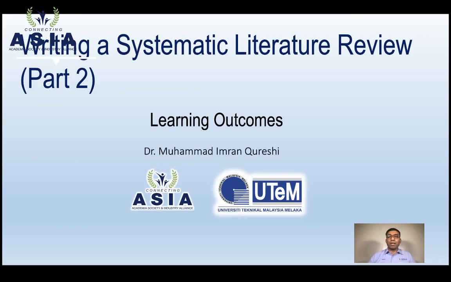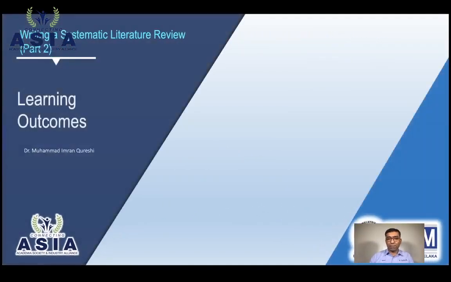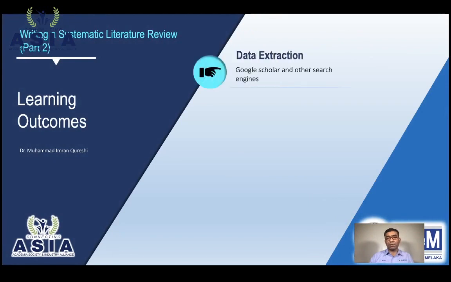So learning outcomes for today's session are very simple. We have 5 basic learning outcomes. The first one is data extraction. After our last workshop, most of the participants asked me how we can collect data from Google Scholar and export it to an Excel sheet, because most of us don't have access to Scopus.